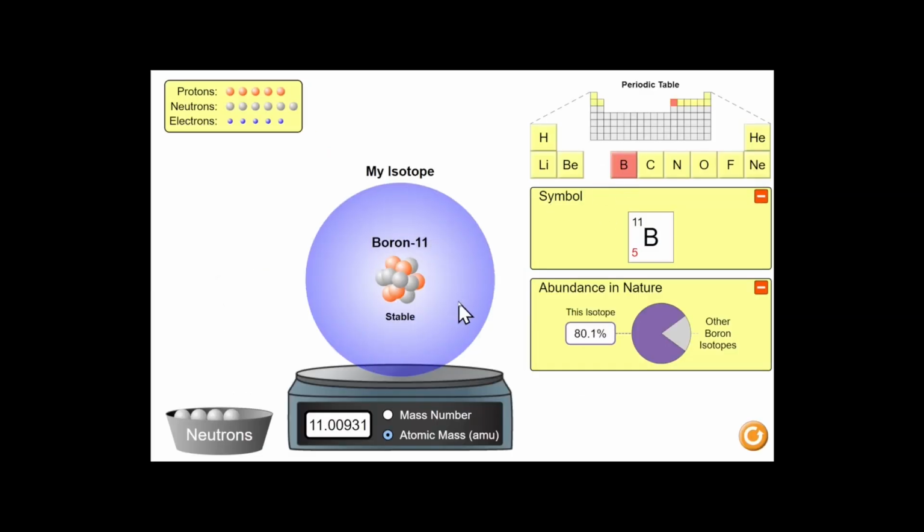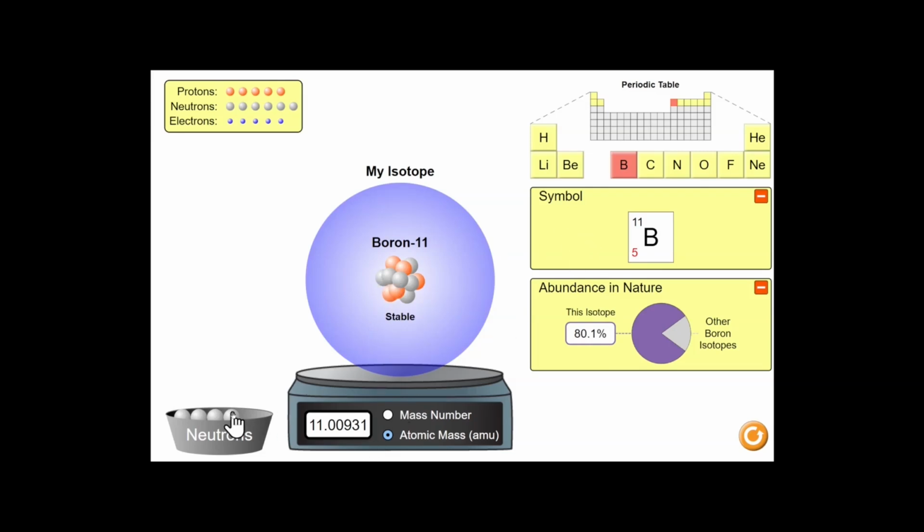Let's go to boron. So boron 11 is the most abundant isotope of boron. So obviously it's got 5 protons, 11 things in its nucleus. So therefore it must have 6 neutrons, and it has a relative abundance of 80.1%, and the atomic mass is that.